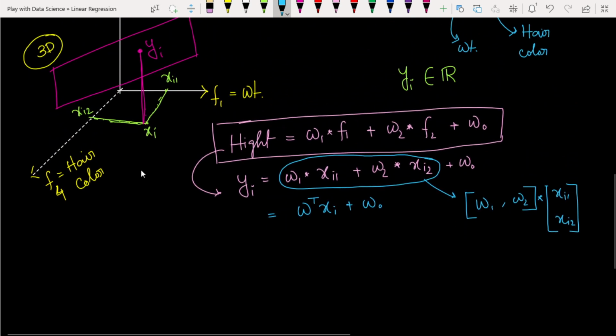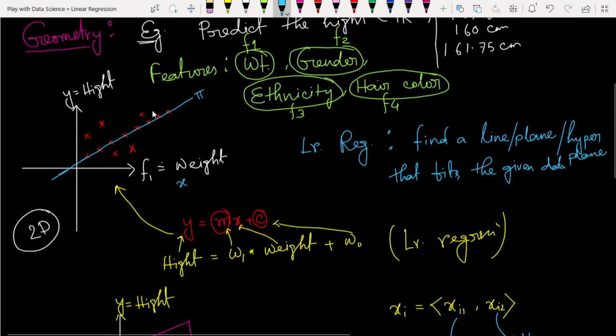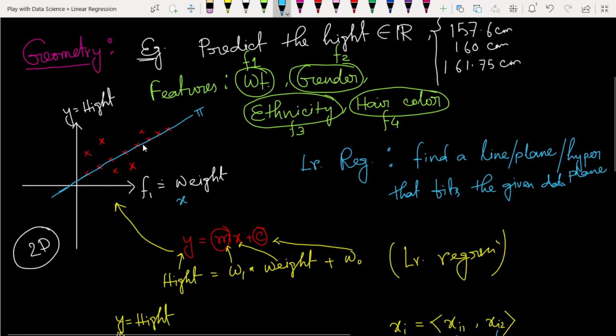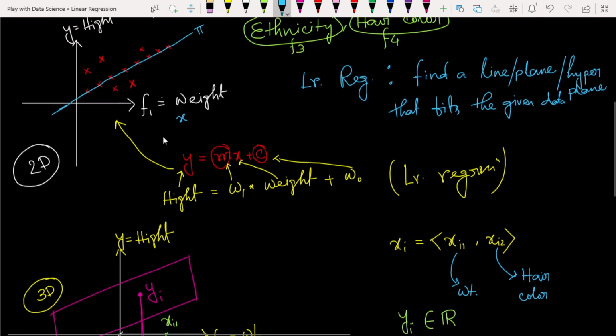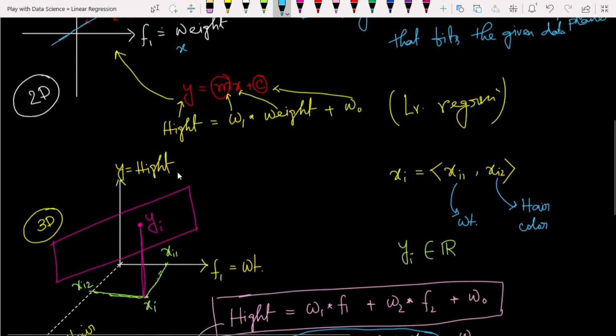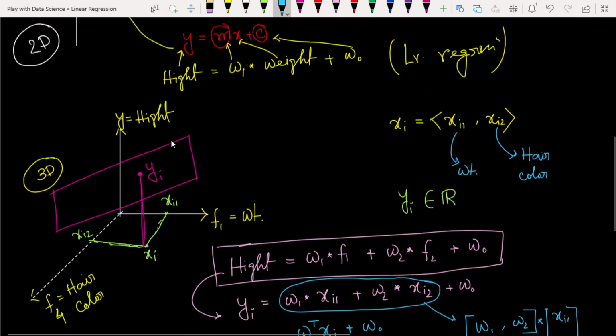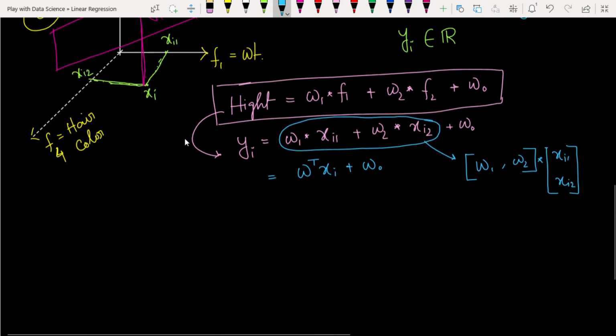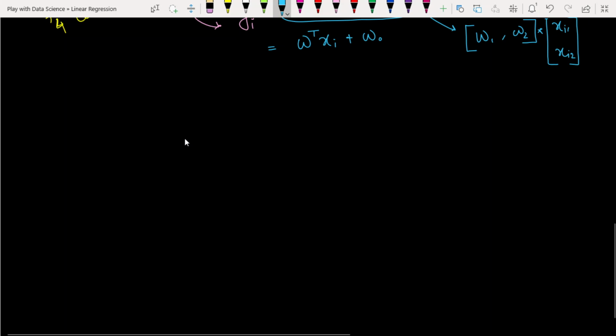Now the main objective is, here is our given data, this kind of data we have been given. Now our final objective is we have to predict a line in 2D, a plane in 3D, and a hyperplane in nD. So let's write down our main objective now.